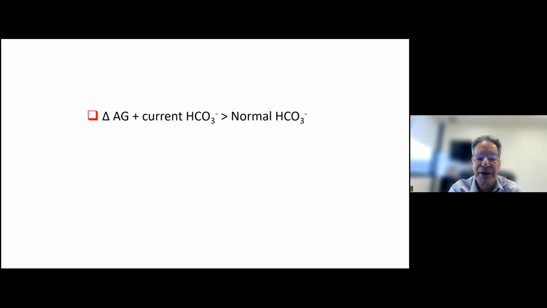If you take the current bicarbonate and you add the change in the anion gap and you get a number above 24 or 25, you know that you have two acid-base disorders present. So it's another clue, and I'll review these at the end, in addition to the fact that the acid-base rules didn't seem to be followed simplistically, that you have more than one acid-base disorder present.